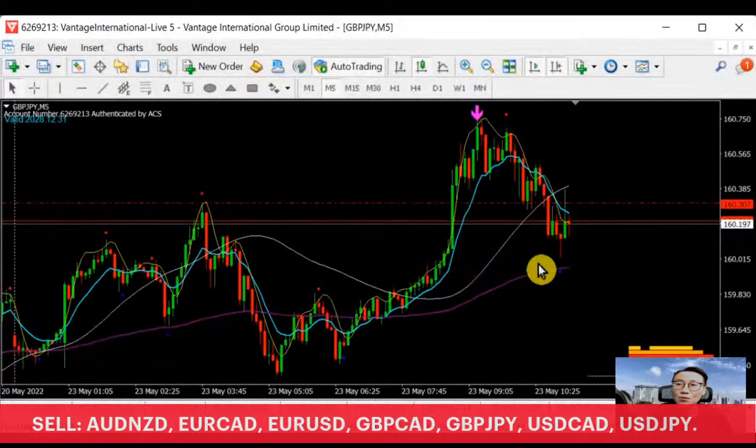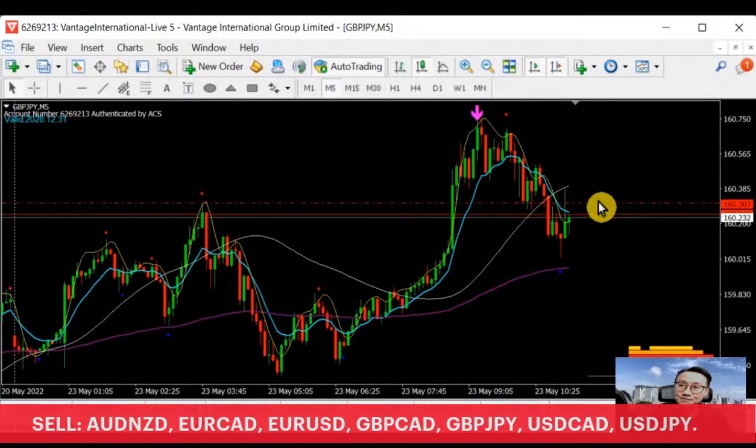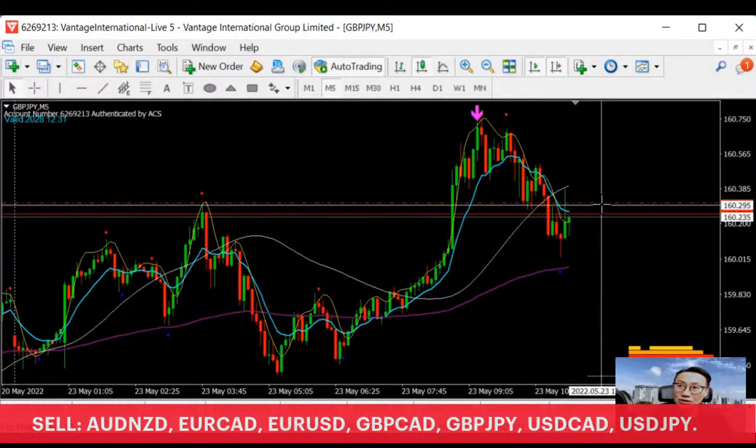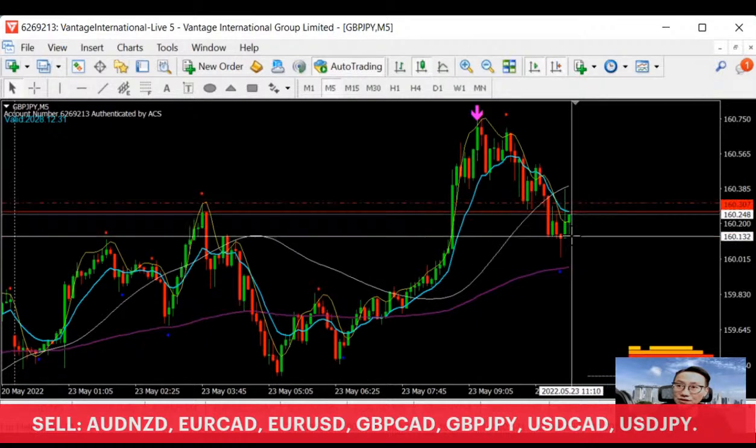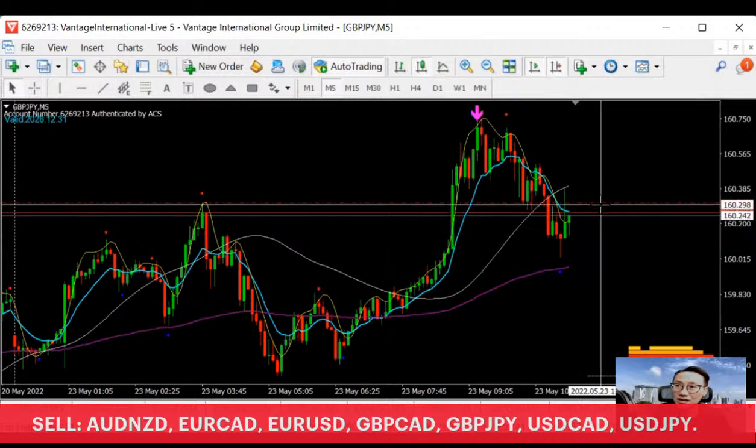So I'm waiting for it to go up to test the resistance, then create a lower resistance like this, then it has a chance for this wave to create a lower low.